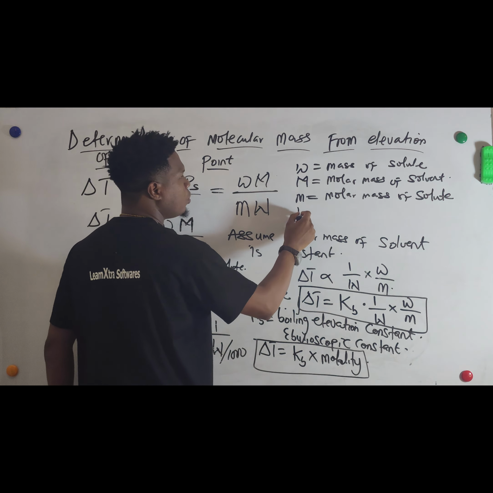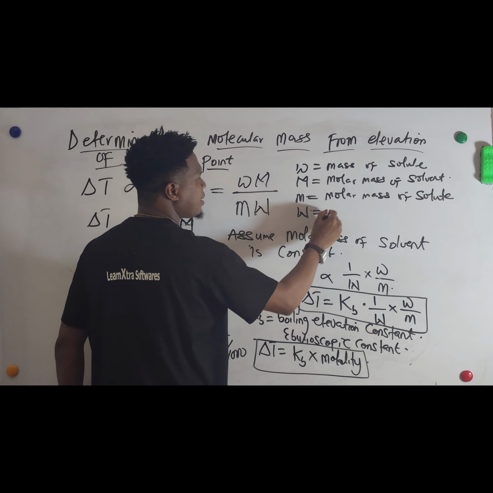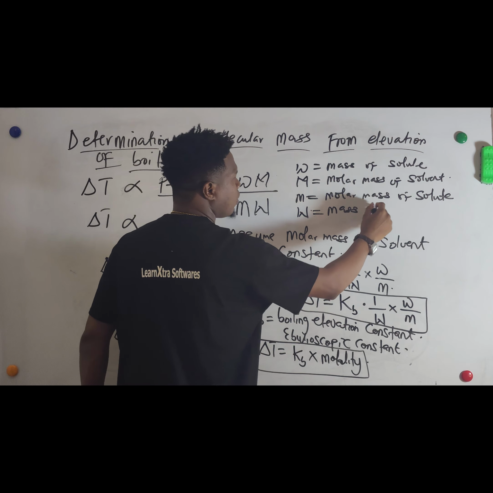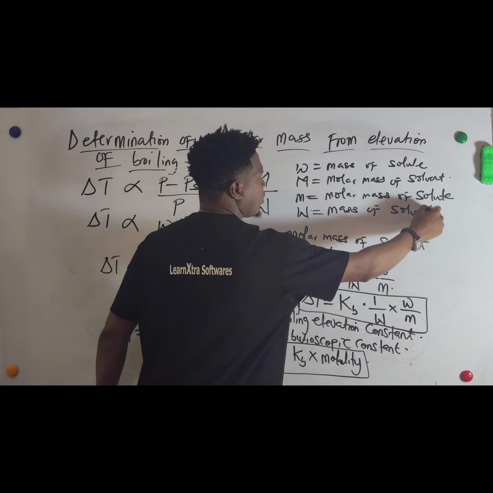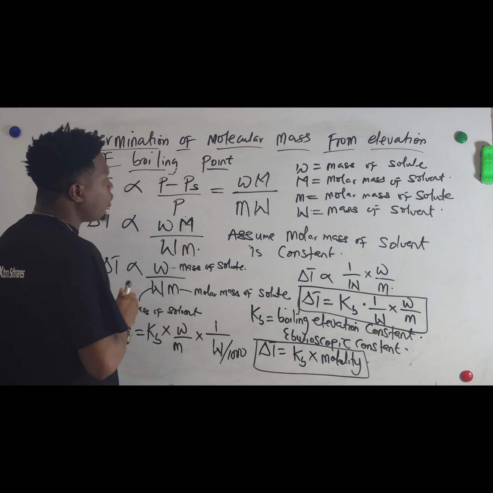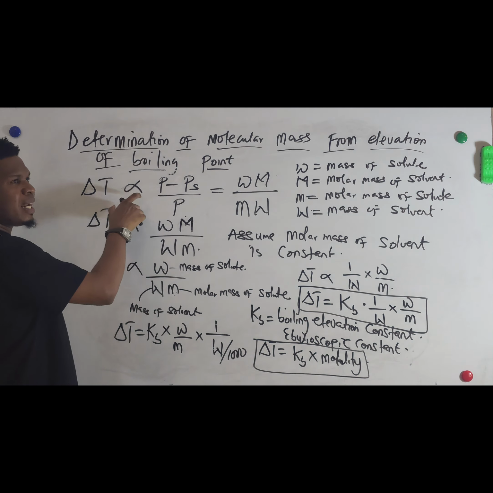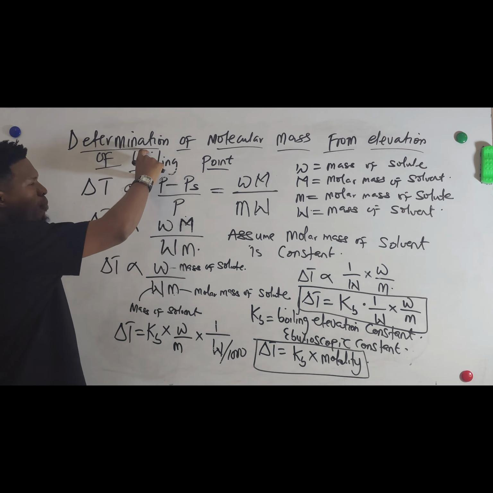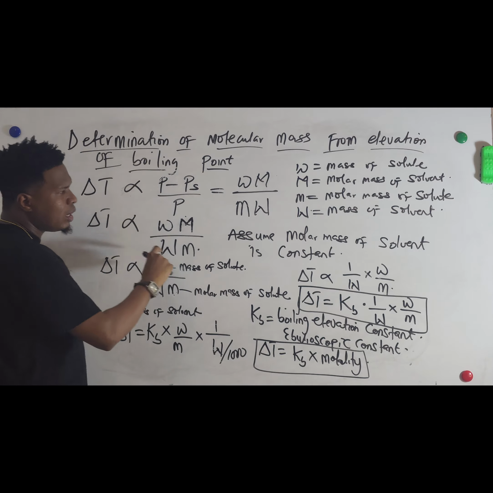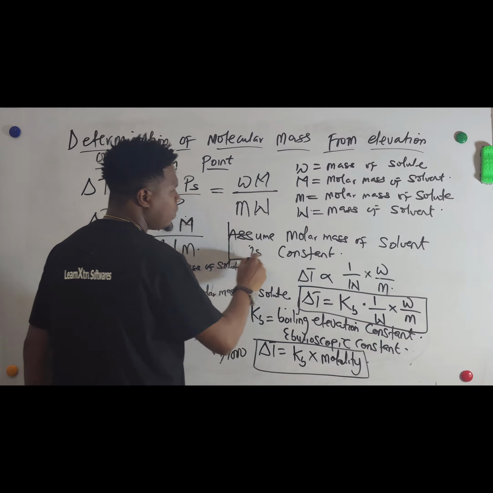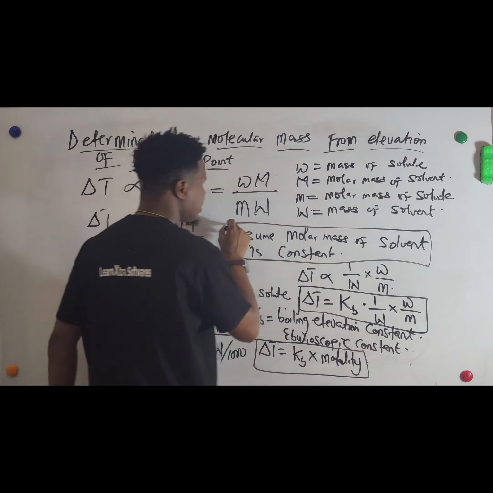Then capital W is mass of solvents, okay? So I'm saying that for this solution, for Raoults law, which is an ideal solution, considering the boiling point, we assume that the molar mass of the what? Of the solvent is constant, okay?